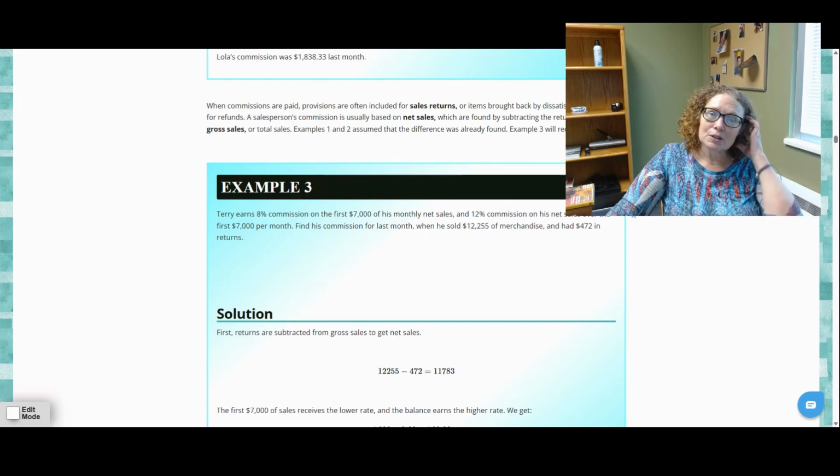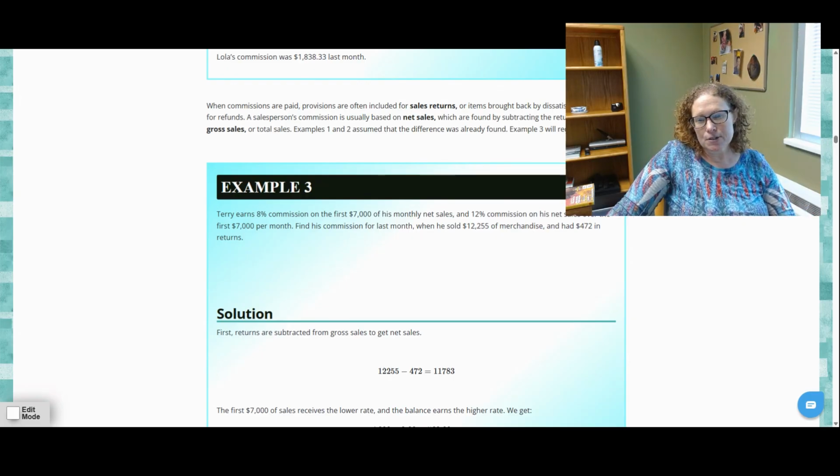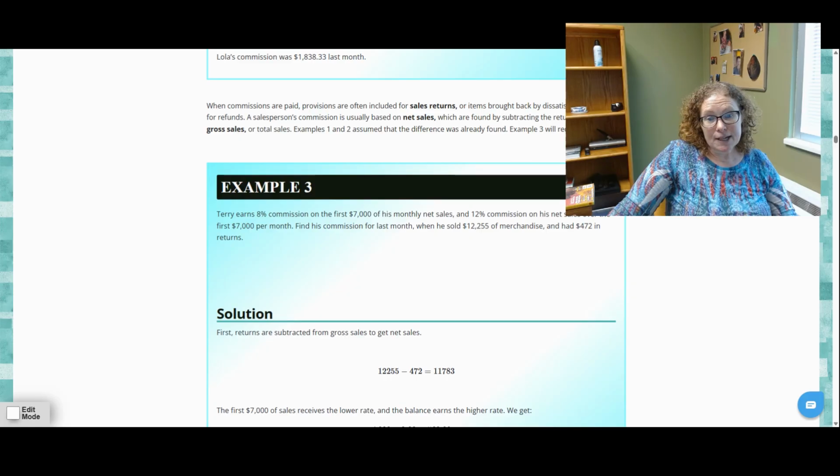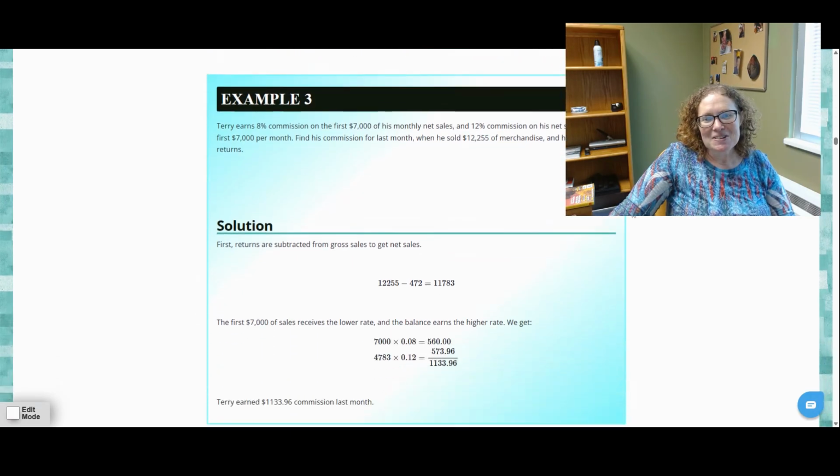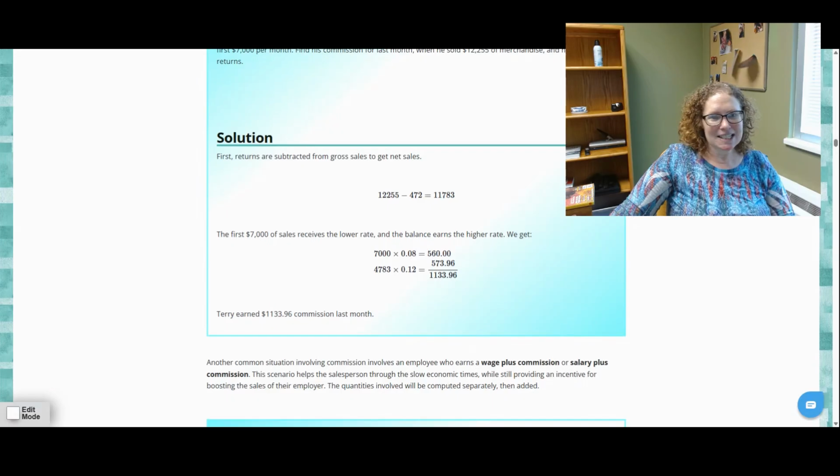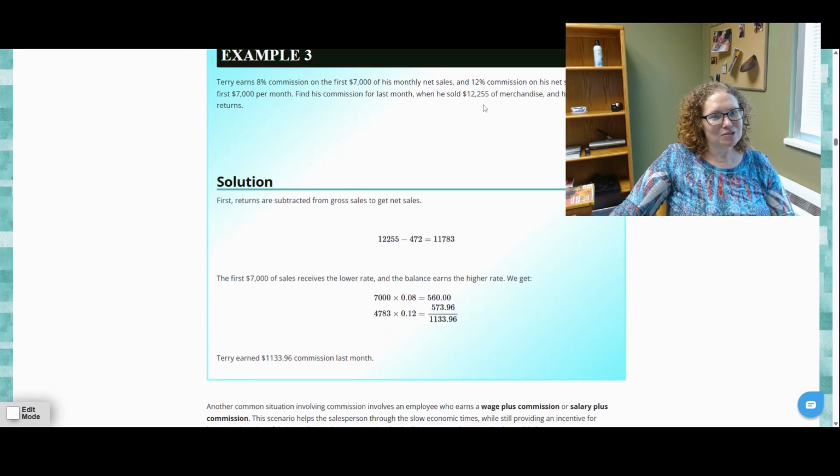So if we look at this example, Terry earns 8% commission on the first 7,000 and 12% on his net sales over the first 7,000. We want to find his commission when he sold $12,255 of merchandise and had $472 in returns. So basically, it's like he didn't get that total because he had to subtract that 472, right?